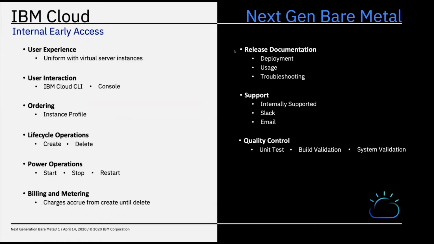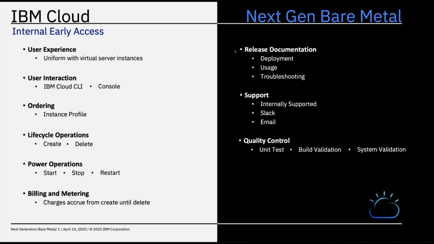The customer's user interaction with the system for internal early access is through the IBM Cloud CLI. This is a standard deployment of the IBM Cloud CLI with the infrastructure services plugin that allows the customer to deploy both virtual server instances and now bare metal instances in a seamless way.